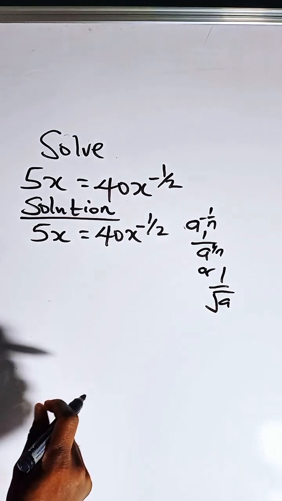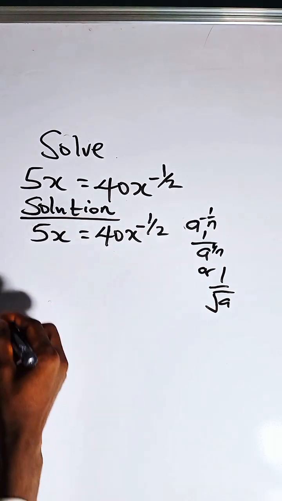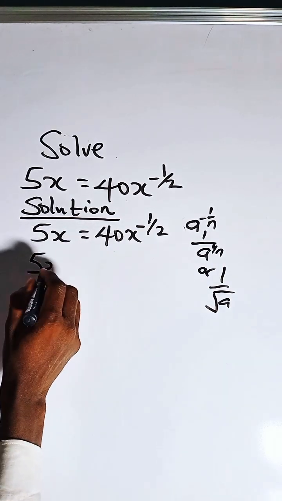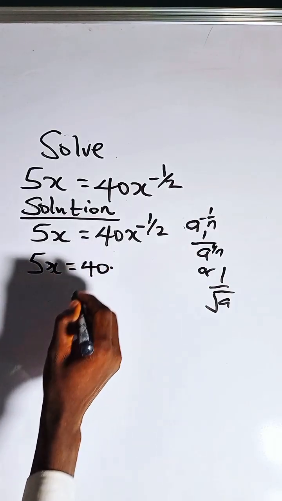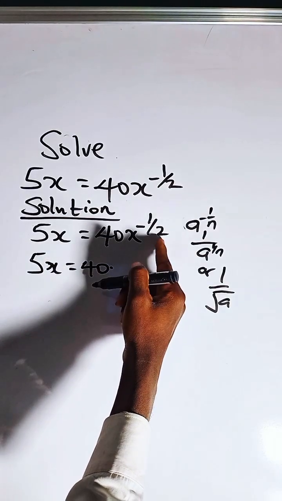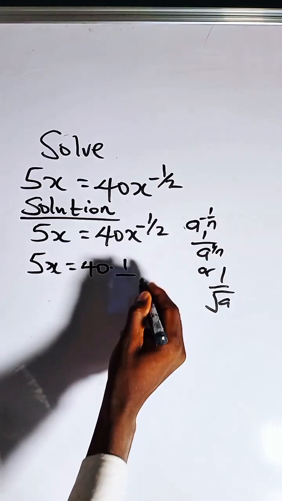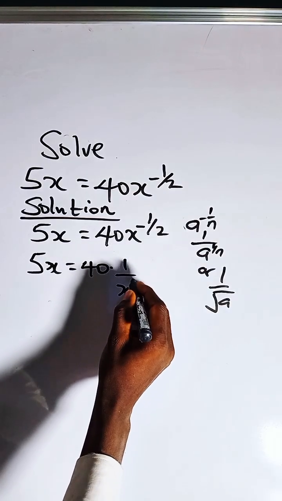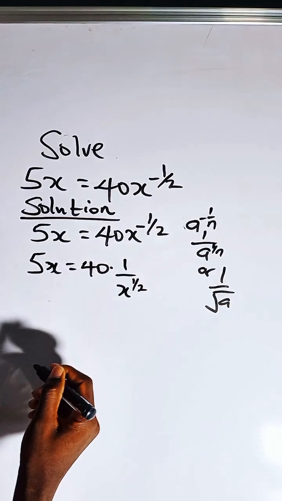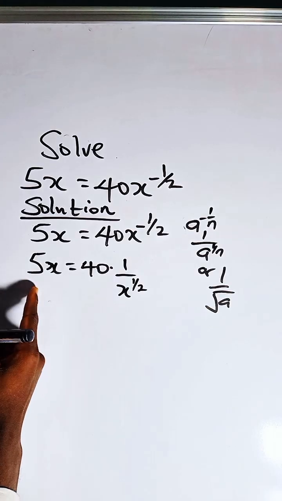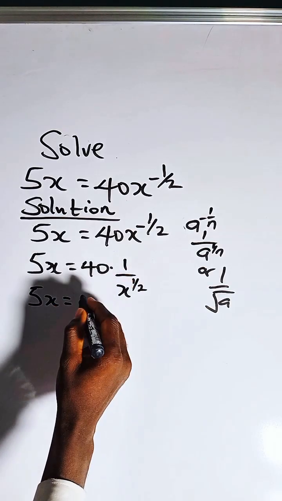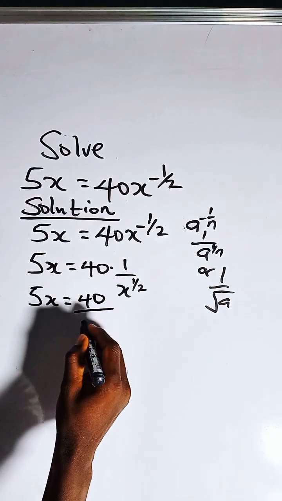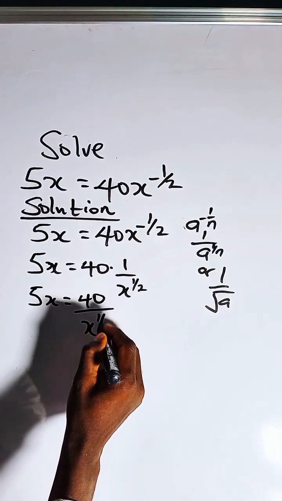So when we apply this, we have 5x equals 40 times, for x to the power minus half, 1 over x to the power half. So from here we have 5x equals 40 times 1, which is 40 over x raised to the power half.